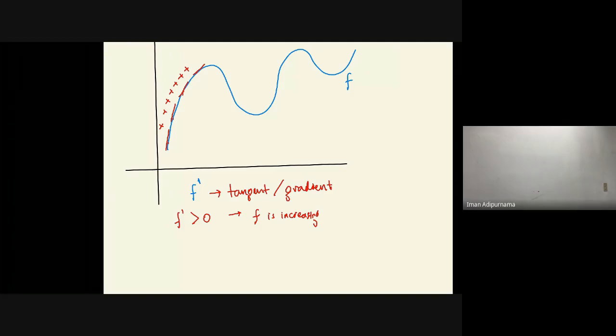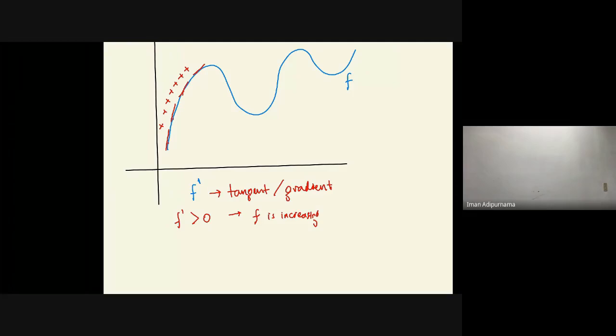And then for f, if you get the x from the f prime, the critical point is maybe x equals 1. What is the point in the graph? That is when you put x equals 1 into the original function. And you get the value of maximum or value of minimum, if they have maximum and minimum, right?